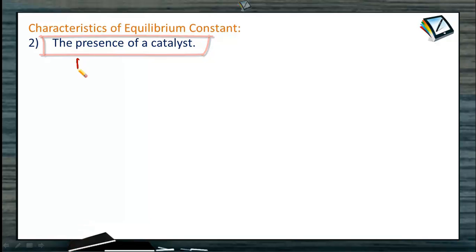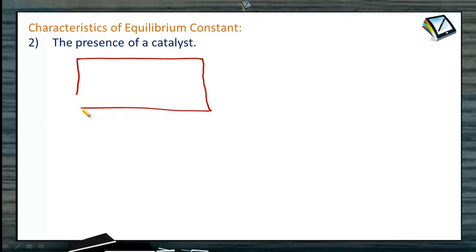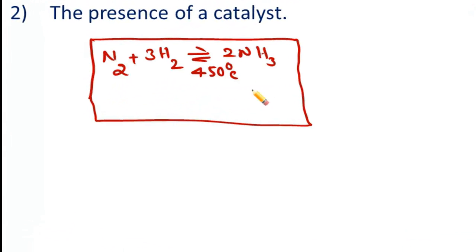Let us take an example of nitrogen gas reacting with hydrogen gas being carried out in a closed vessel. Let this system attain equilibrium state at a temperature of 450 degrees centigrade and find out the numerical value of equilibrium constant K. Let the experiment be repeated by allowing the system to attain the equilibrium by using the catalyst and find once again the numerical value of K. We find the numerical value of K is same in both the cases.